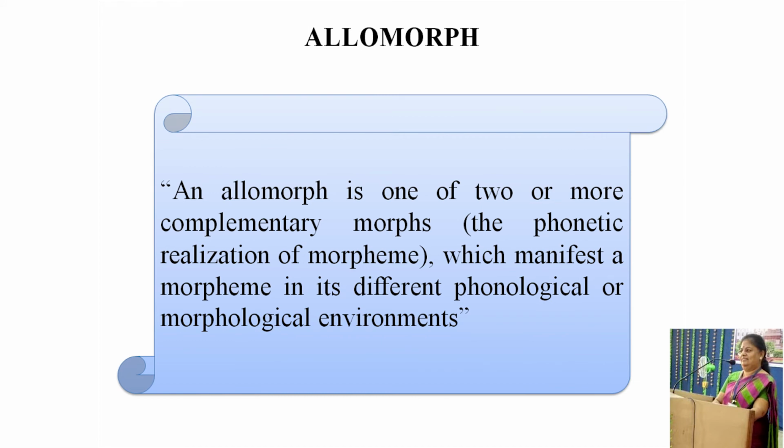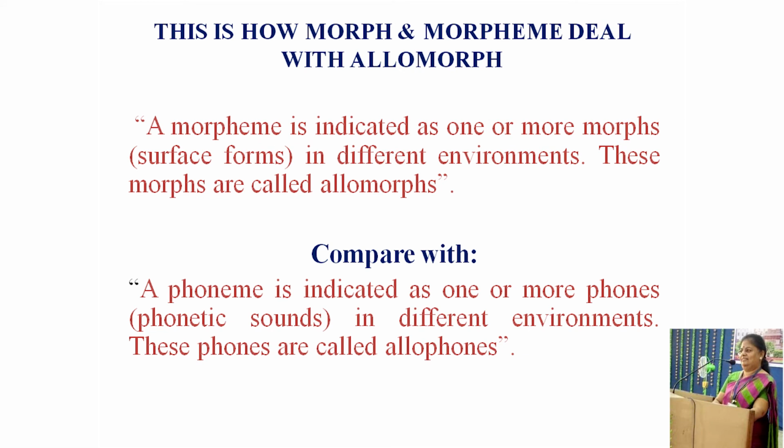Allomorphs. An allomorph is one of two or more complementary morphs. In other words, the phonetic realizations of morphemes are called allomorphs, which manifest a morpheme in its different phonological or morphological environments. How do morphs and morphemes deal with allomorphs?